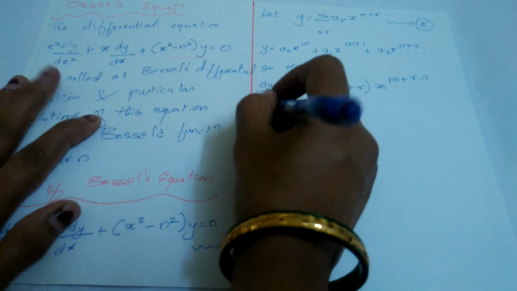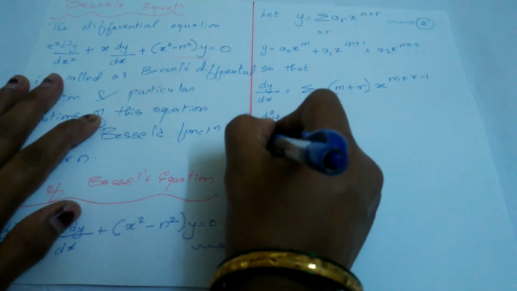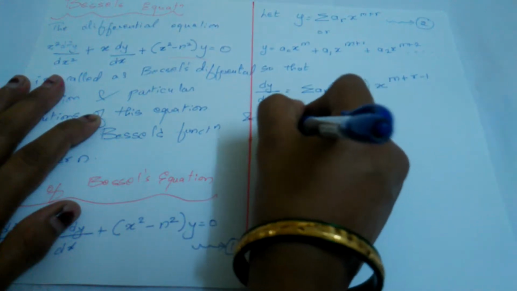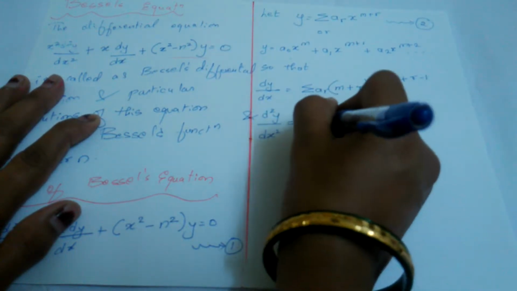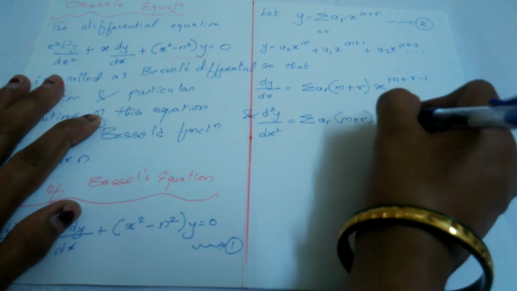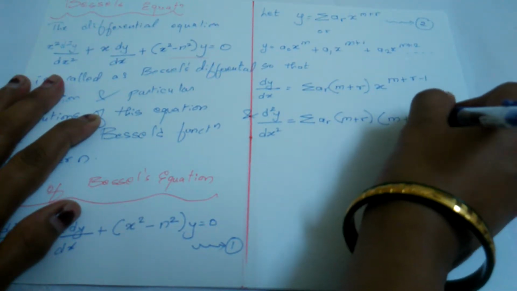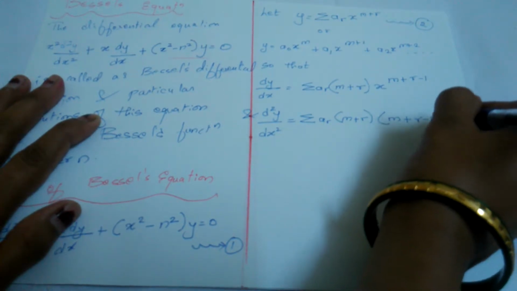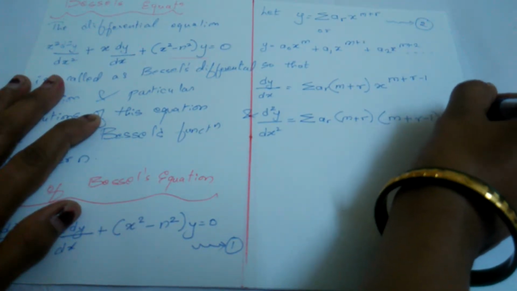Once again, if I double differentiate, d square y by dx square is equal to what I will get? Summation of a_r, m plus r and m plus r minus 1 into x raised to m plus r minus 2.